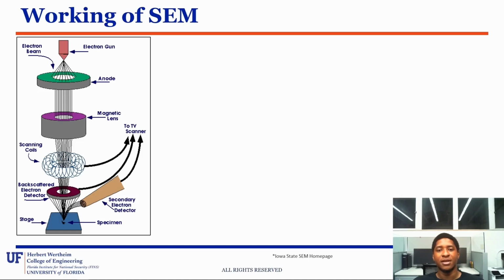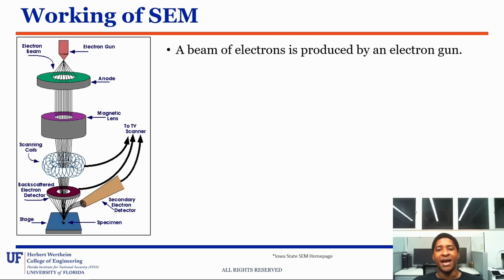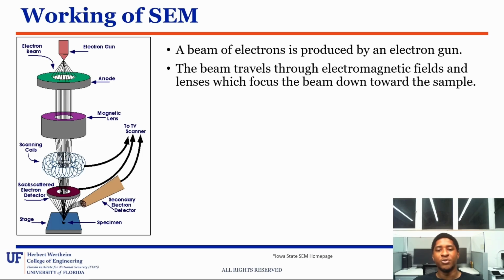Well, it starts with the emission of the beam of electrons, as you can clearly see in the image. Once you have a beam of electrons being produced, they travel through an electromagnetic field, and the lenses you see, specifically the magnetic lens, focus this beam towards the sample on the stage.